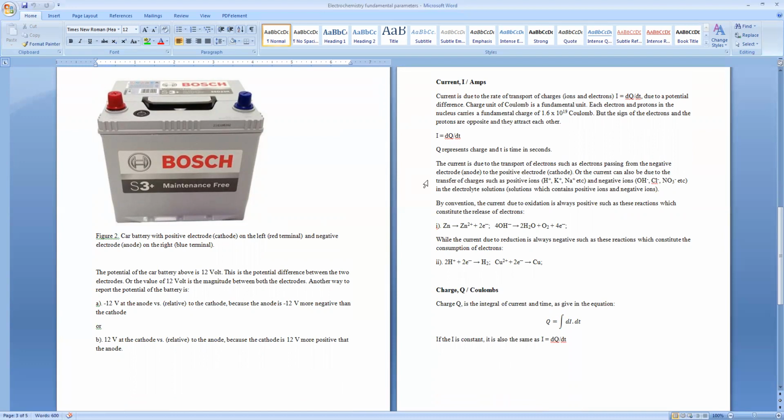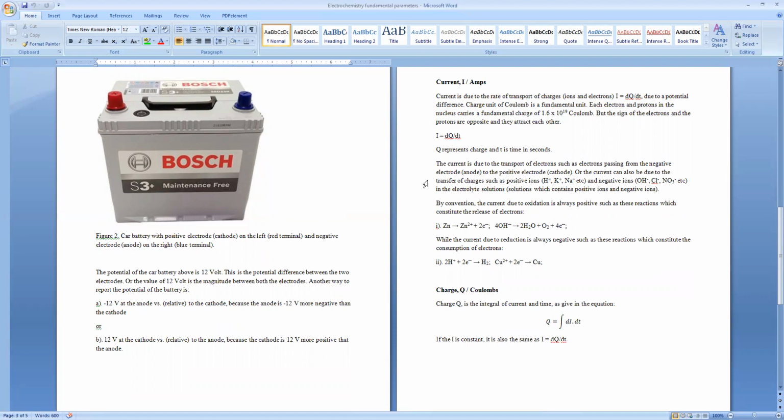When we measure the potential between the positive electrode and the negative electrode, it is a potential difference, or delta, between the blue terminal and the red terminal. The potential of this car battery is 12 volts, but this is the potential difference between the two terminals, or the two electrodes.